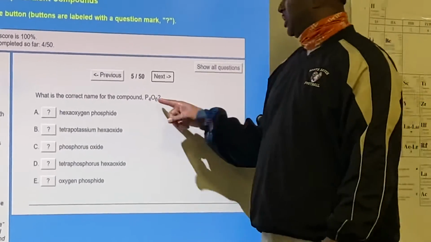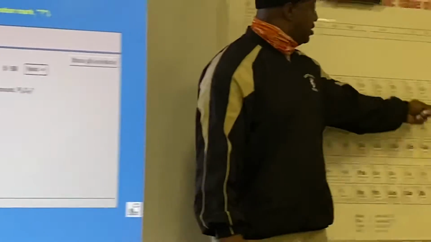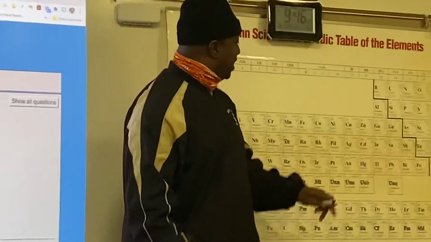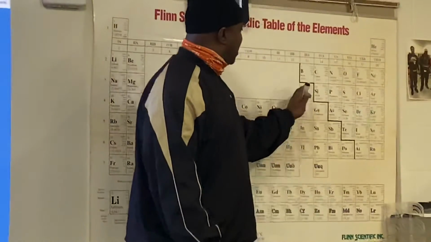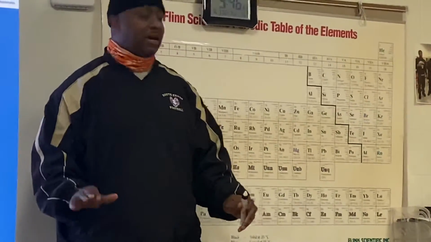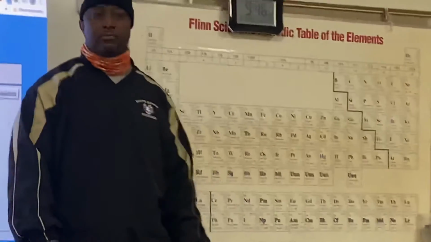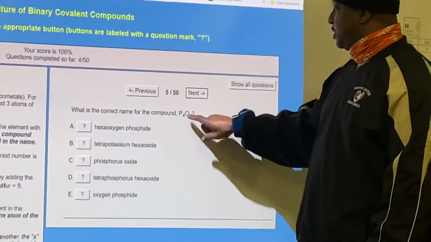Now we're getting tricky. We got 4. 4 what? 4 chickens? No. P. Phosphorus. Okay? Notice everything I'm using is to the right of this stair step because everything to the right is a non-metal. We're only talking non-metals. Everything to the left, those are your metals. That would be later. So all of these are non-metals.